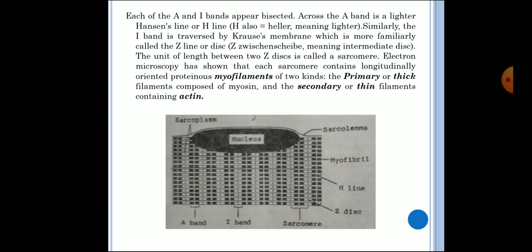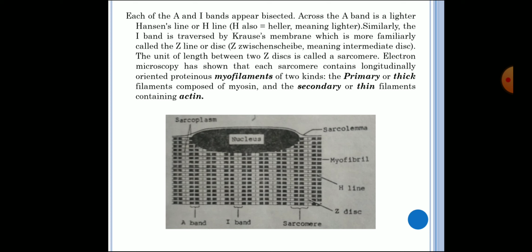Each of the A and I bands appears bisected. Across the A band is a lighter Hensen's line or H line. H, also called heller, means lighter. Similarly, the I band is traversed by Krause's membrane, which is more familiarly called Z line or Z disc.